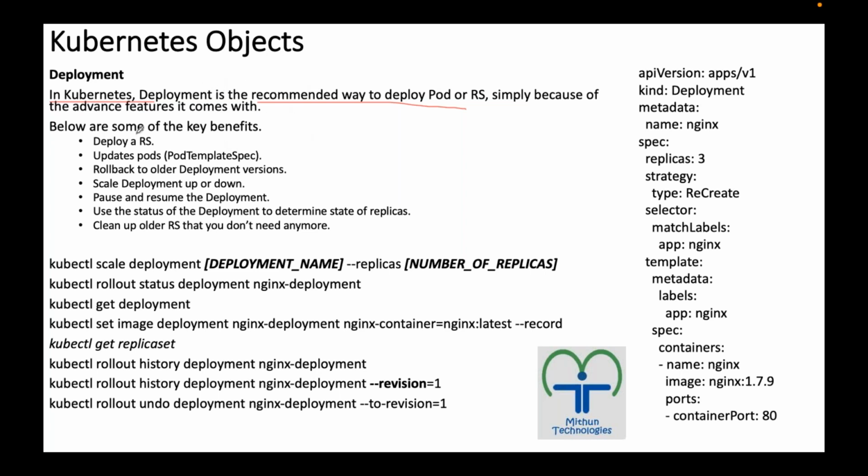Even though I'm creating a deployment, internally what is it going to create? Internally it is going to create a replica set only. So a deployment will create one replica set, and that replica set will manage the pods.